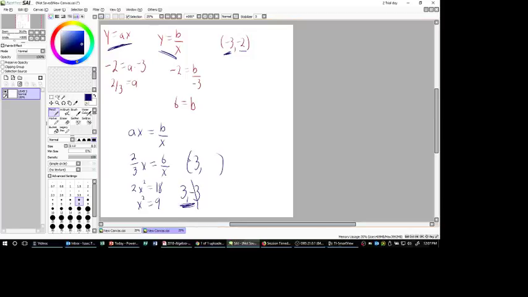So I can now substitute what I know x is into either this equation or that equation with the corresponding other point. So for example, I'll just use this one.